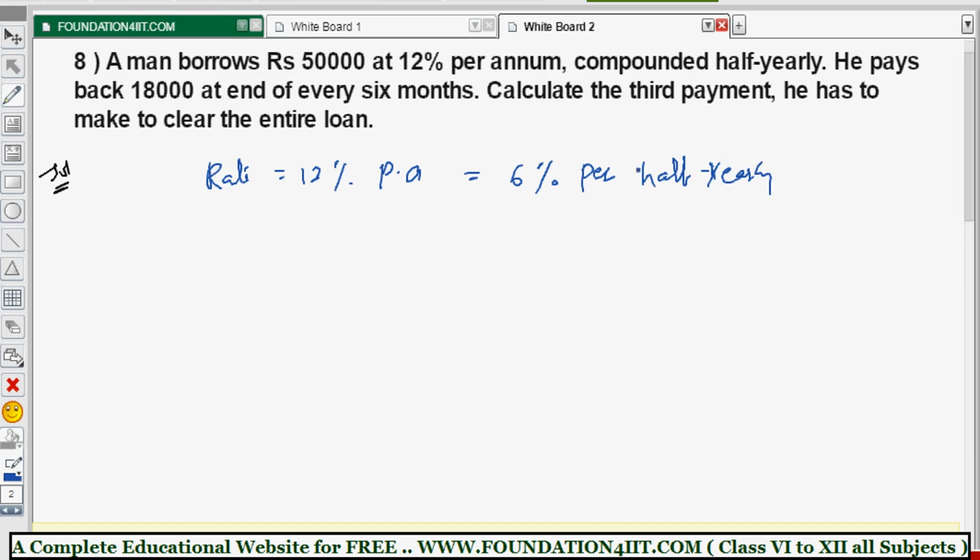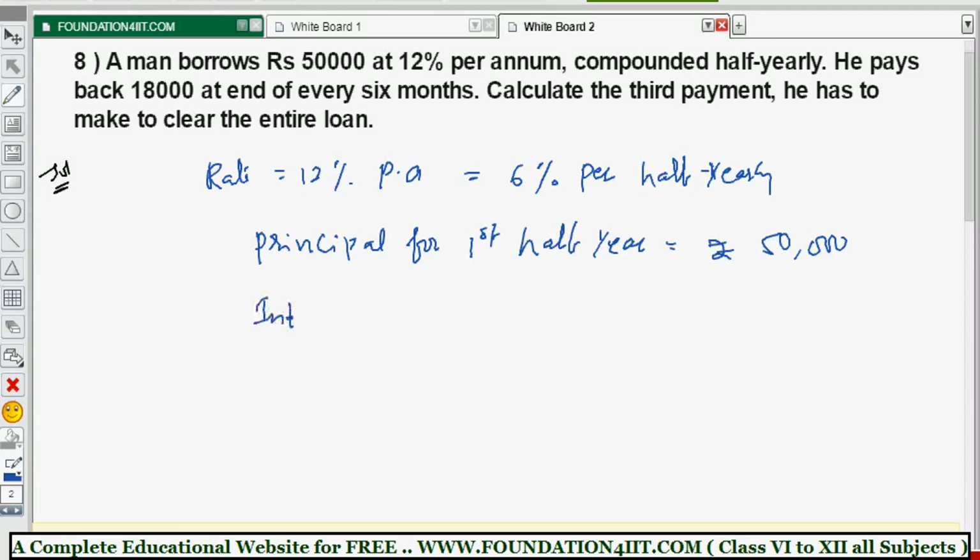So principal for the first half year. Whatever the given information, the loan borrowed, that is the principal. So principal for the first half year is 50,000. Now interest for the first half year.